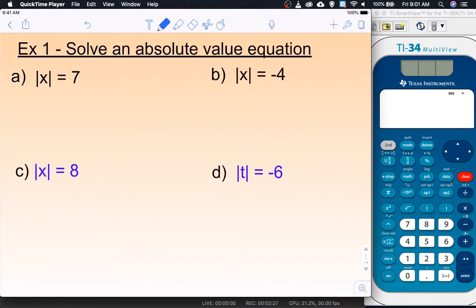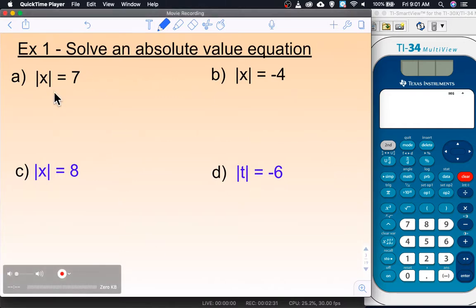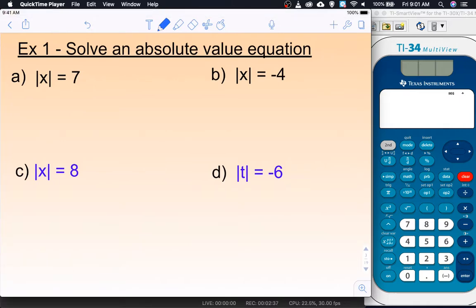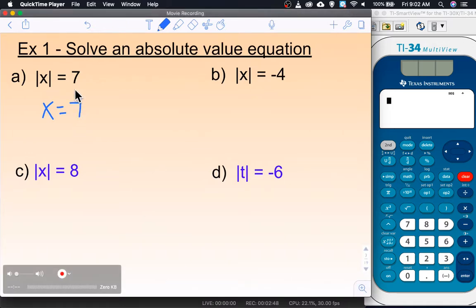So let's start with the basics. Absolute value of some numbers. So the absolute value of x equals 7. Whenever you're doing absolute value, you're almost always going to get two answers. So one answer for this, x could equal 7, because that's how far 7 is from 0.